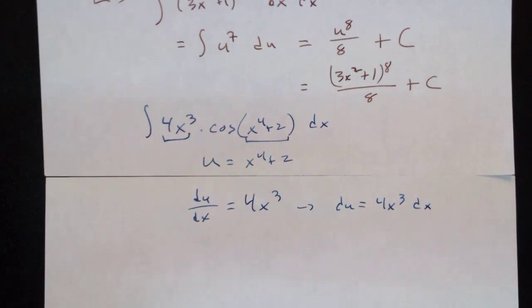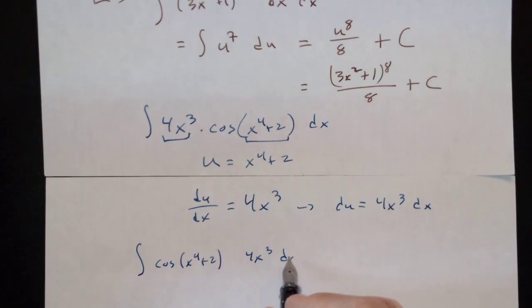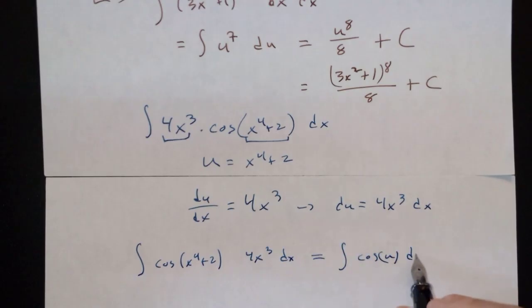So I can reverse their order. And then that becomes the integral of cosine of U du.